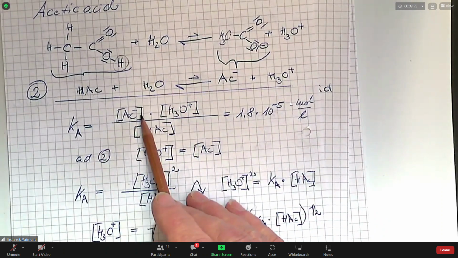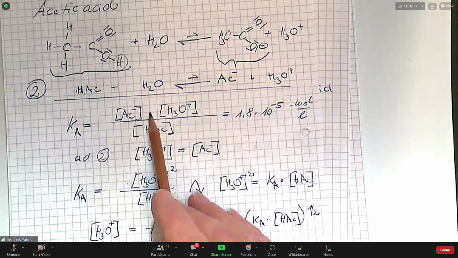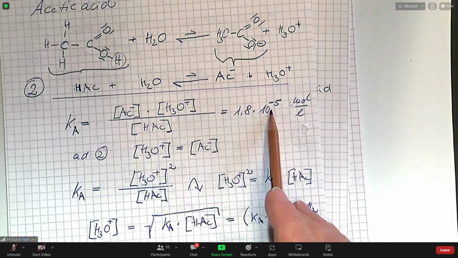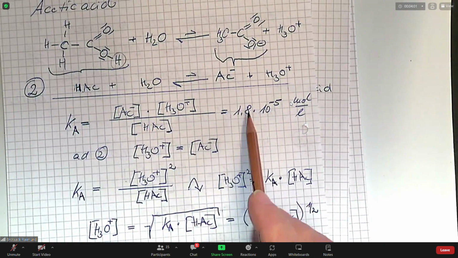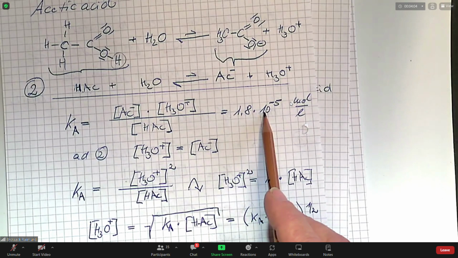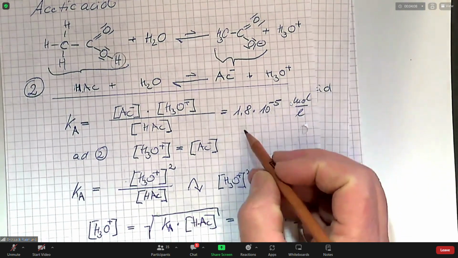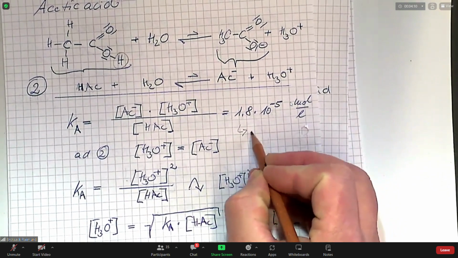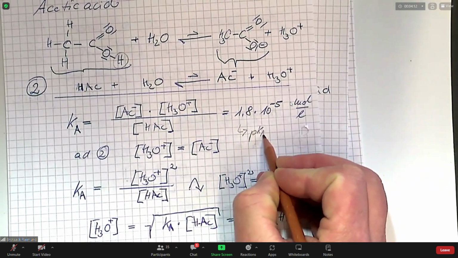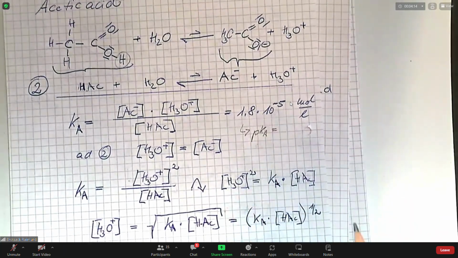Then the Ka depends on the product over this. For acetic acid, it is 1.8 times 10 to the power of -5 mole per liter. And if you calculate the pKa out of this, maybe you use your calculator.